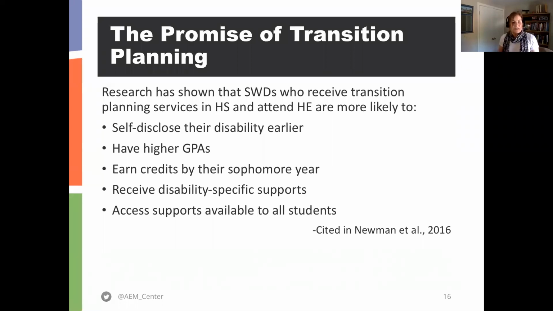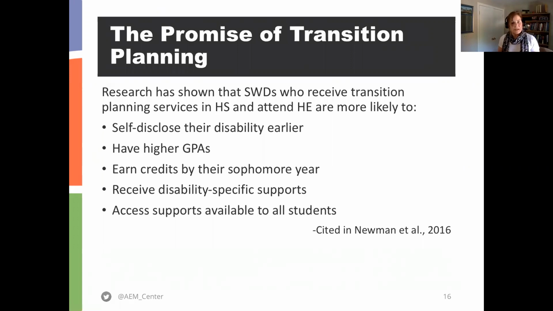They're also more likely to request and receive disability-specific supports. And interestingly, they're also more likely to access supports that are available to all students. Most campuses have a tutoring service, or a study center where there are tutors and people who have supports for certain classes.